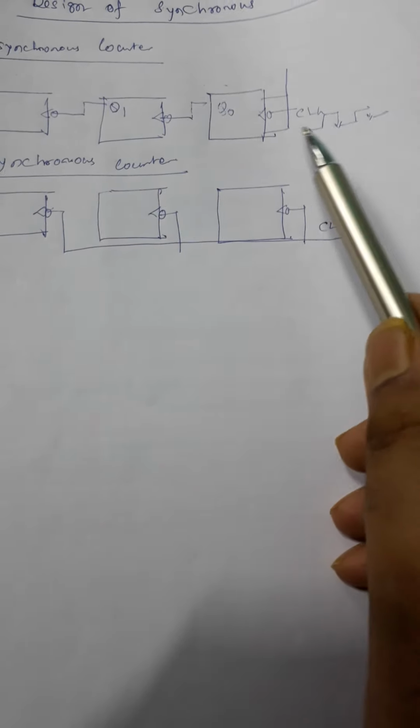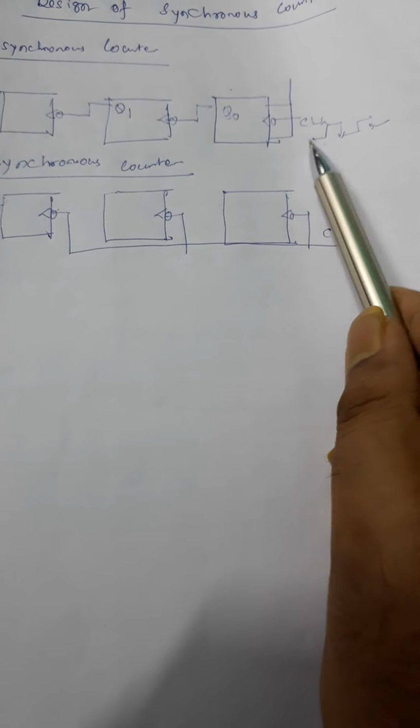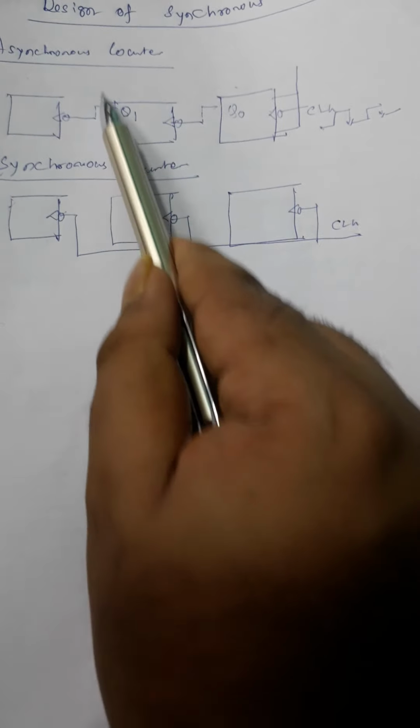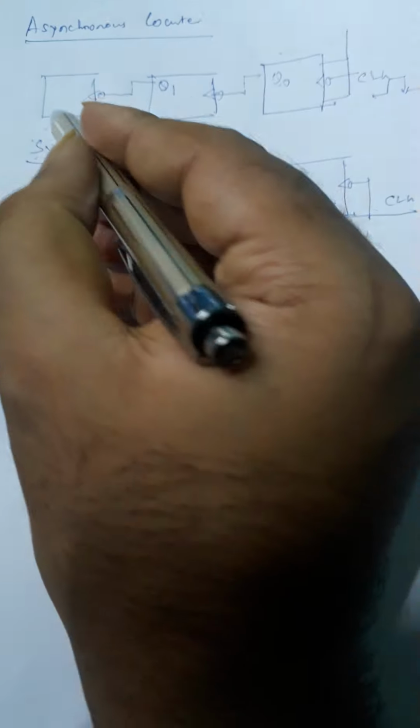That delay time is known as propagation delay. So with the advancement of this clock pulse, the outputs of this Q0, Q1, Q2 will change, but with a delay. So the clocking time will also be different.